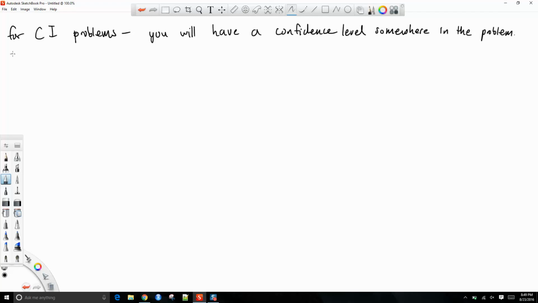For hypothesis tests, you will almost certainly see the word hypothesis or the word test somewhere in the problem. I can't think of a hypothesis test problem that doesn't say perform a test or mention hypotheses. So either hypothesis or test or both will appear in the problem.